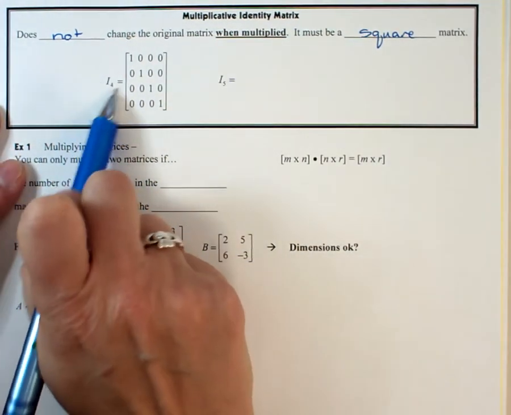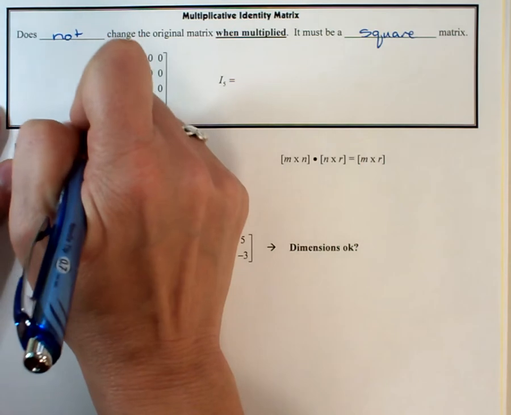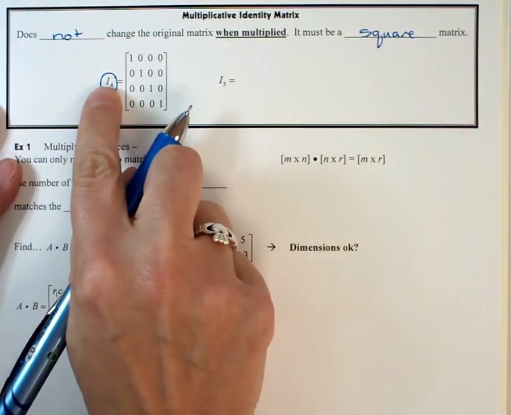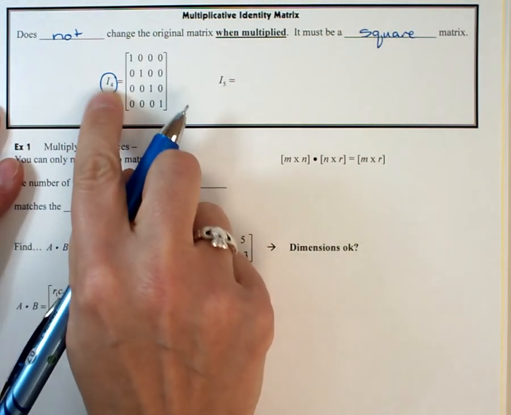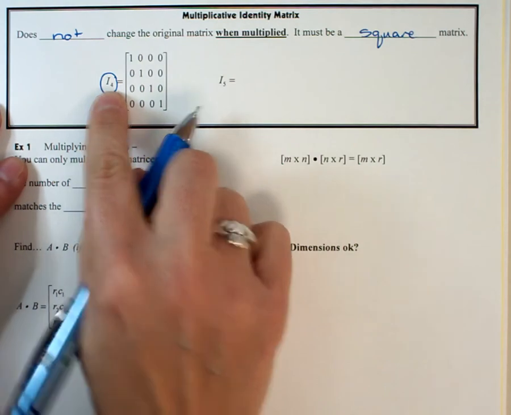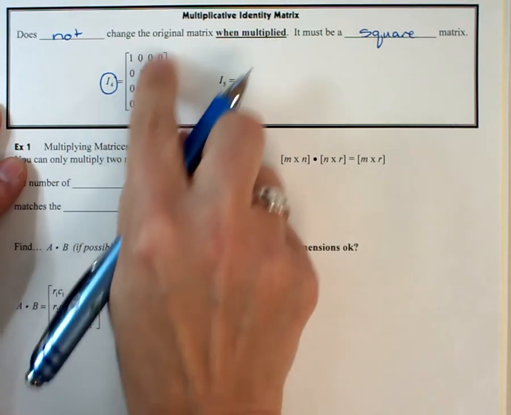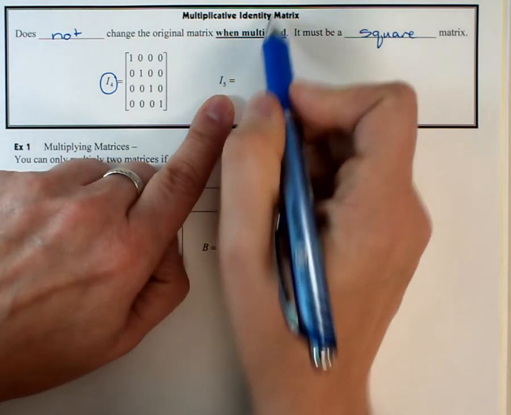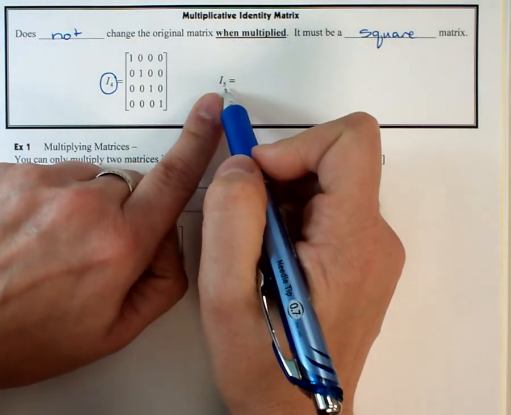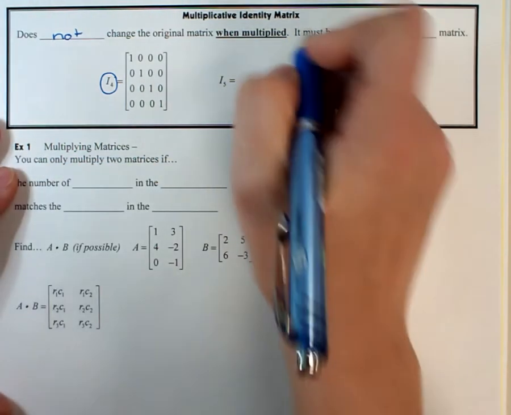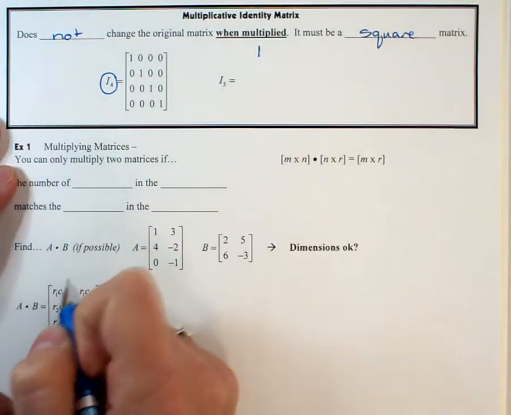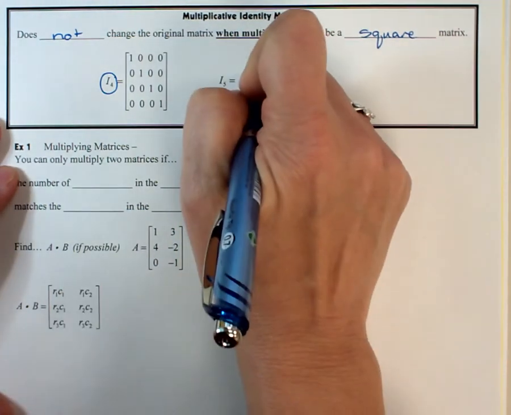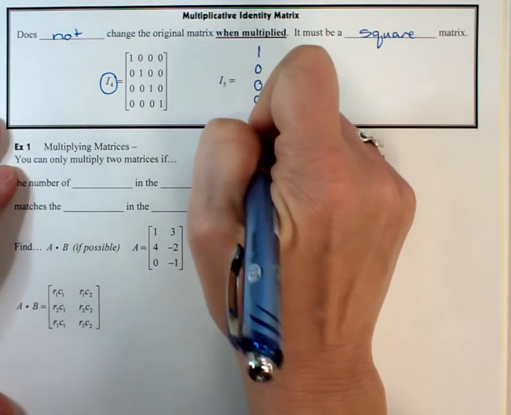So this notation right here, this I sub 4, means it's a multiplicative identity matrix of dimensions 4, with 4 rows and 4 columns. So if we wanted to write the multiplicative identity matrix that has the dimensions of 5, what I would do is start off with a 1 up here in the corner and then 1, 2, 3, 4.